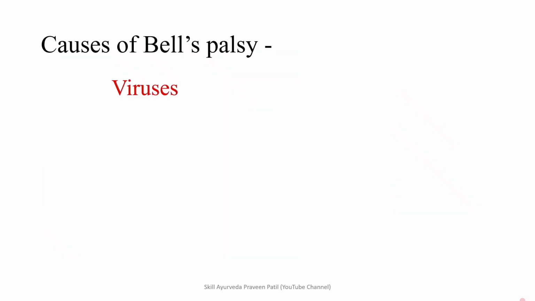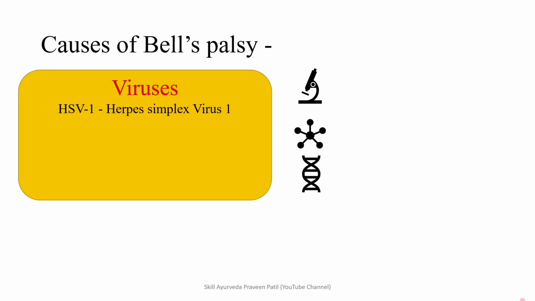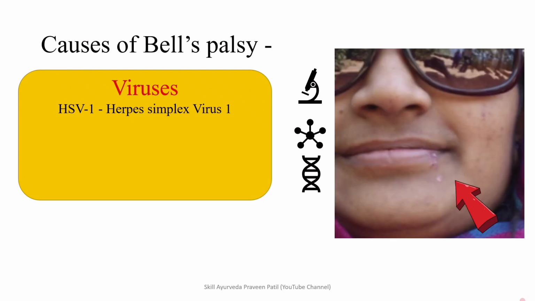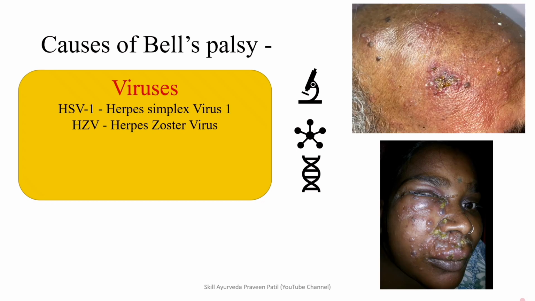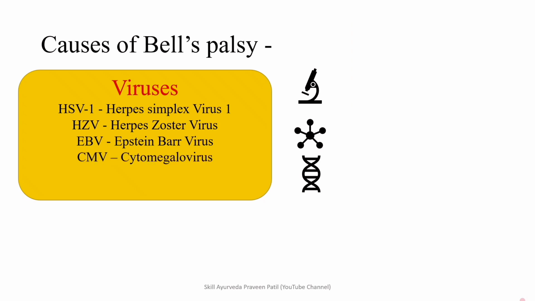Coming to the causes of Bell's palsy, the most common cause is the reactivation of viruses or new infection of the viruses. HSV1, that is herpes simplex virus, is said to be one of the causes, or reactivation of the herpes zoster virus, Epstein-Barr virus, cytomegalovirus, and HIV, human immunodeficiency virus.